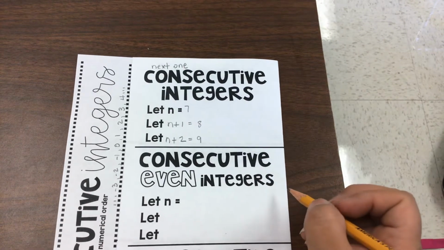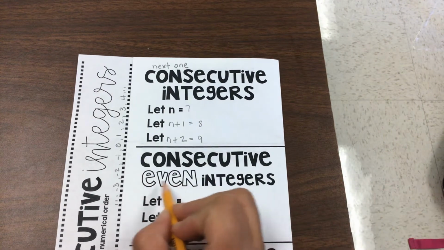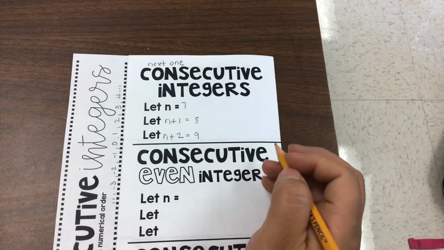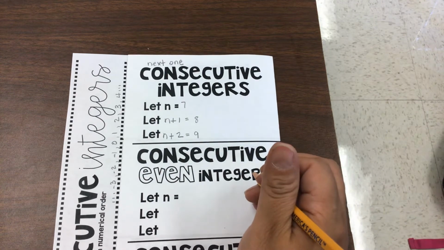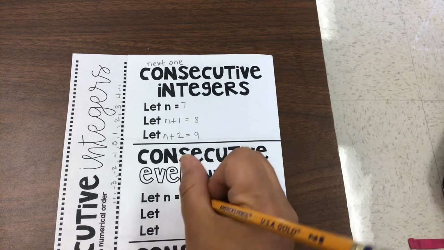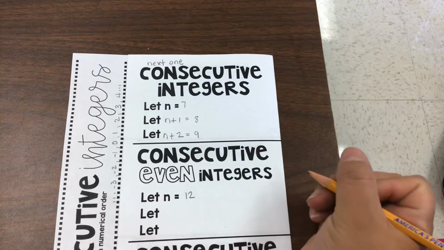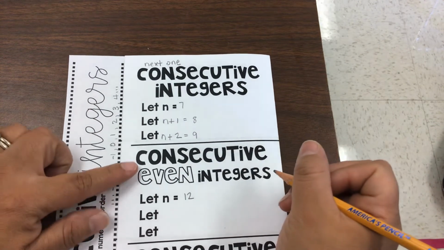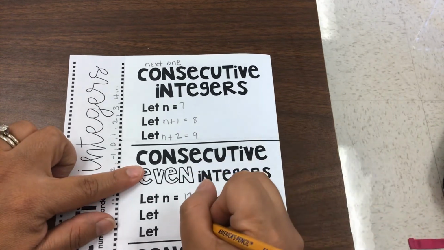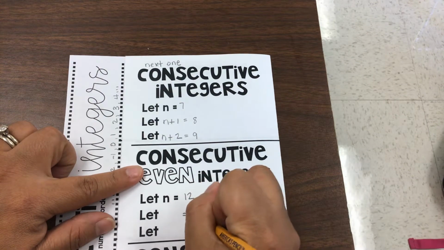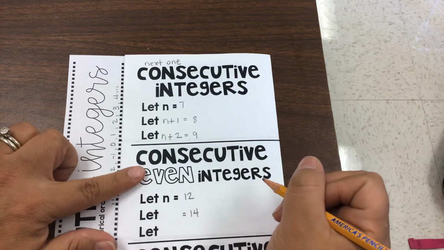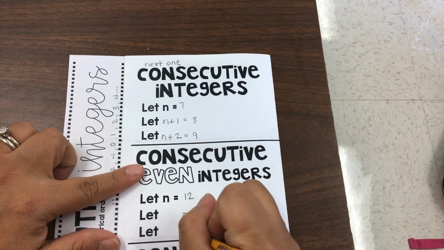Consecutive even numbers. What we have to start with is an even number. We can choose any one we want. I'm going to choose 12. The next even number is going to be 14. The next even number is 16.